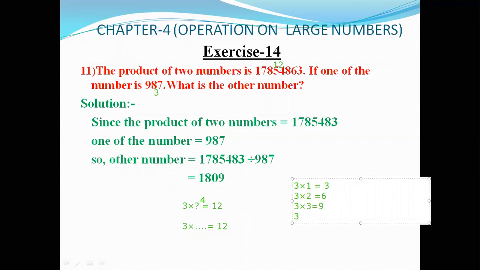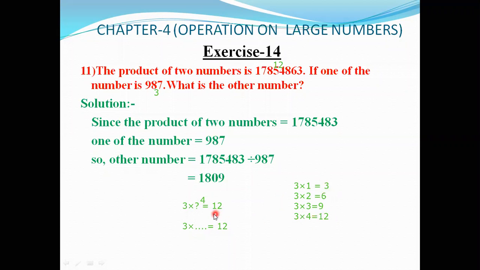When we multiply 3 into 4, we get 12. You also know that repeated addition is called multiplication. Where do you get 12? How many terms? 1, 2, 3, and 4. So there are 4. But this is a long process.